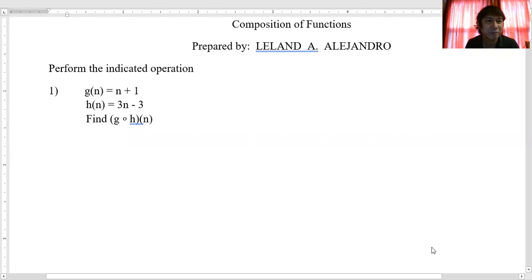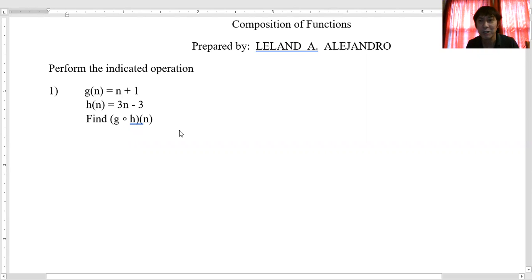All right, so here is the first one. Perform the indicated operation. As you can see for the first number, we have one given function, g of n, equal to n plus 1, and another function, h of n, equal to 3n minus 3.